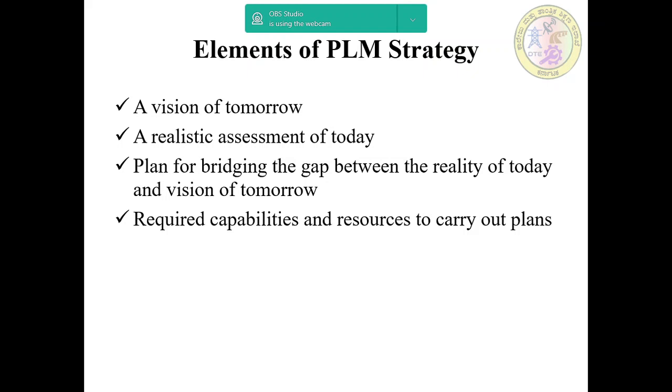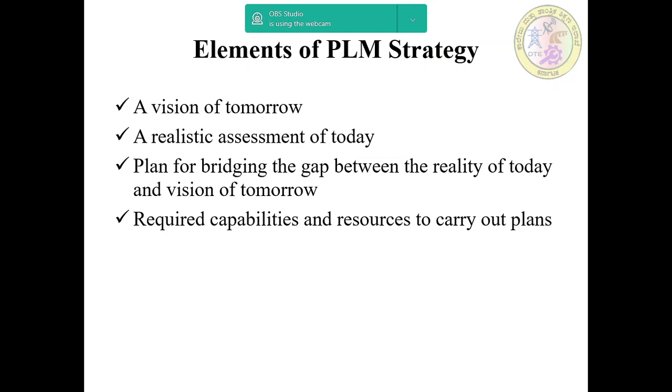And then the last one of the PLM strategy elements is required capabilities and resources to carry out plans. In this, resources are needed to enable the plan for PLM, while capabilities are required to ensure the plan for PLM.